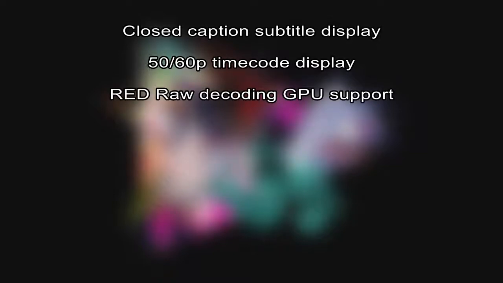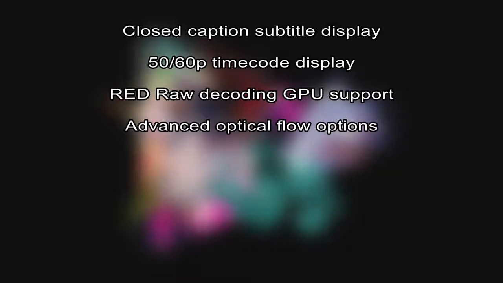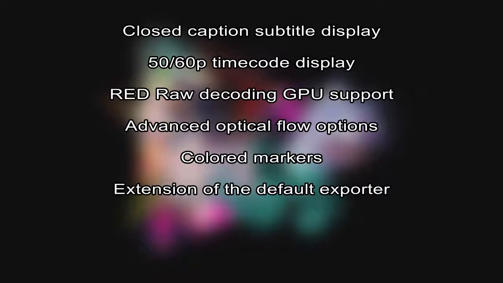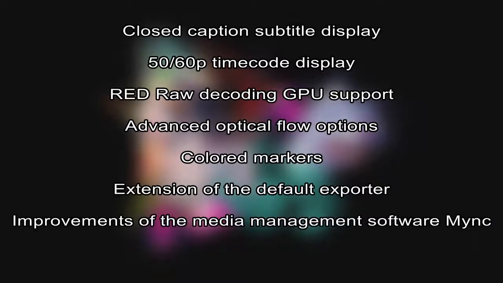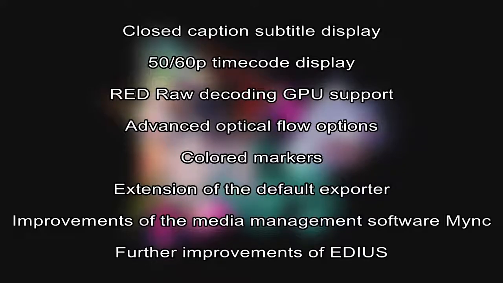New are closed caption subtitle display, 50/60p timecode display, Red RAW decoding GPU support, advanced optical flow options, colored markers, extension of the default exporter, improvements of the media management software Mink, further improvements of Edius. Let's get into the details of the new features.